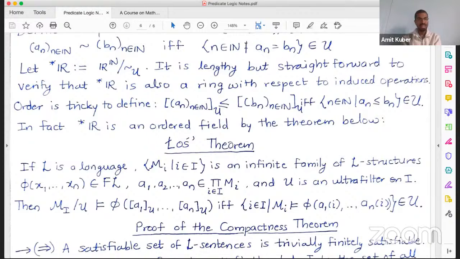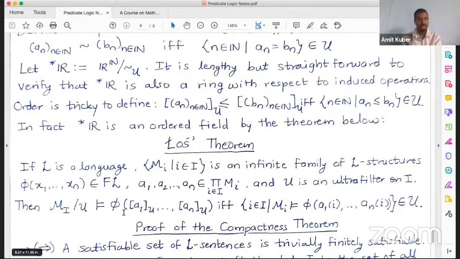So we are just generalizing this to an arbitrary formula. Phi is true in M_i at appropriate coordinates, and the collection of all such indices is a large subset. This is an if and only if statement because U is an ultrafilter.